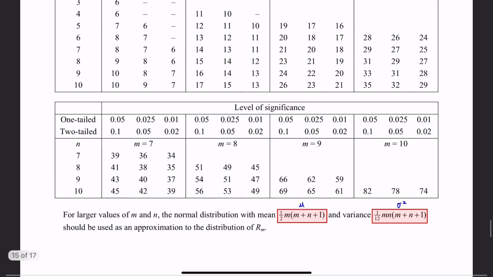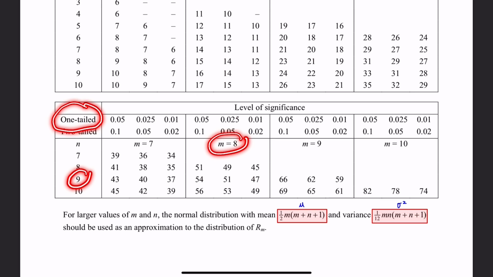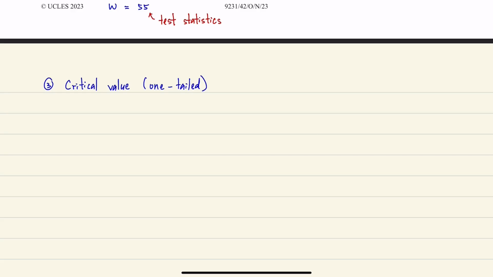We have M as 8 and N as 9. It's a one-tail test and the significance level is 5%, so 0.05. Our critical value would be 54. So the critical value W would be 54.